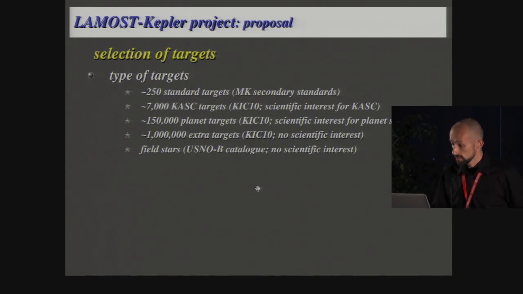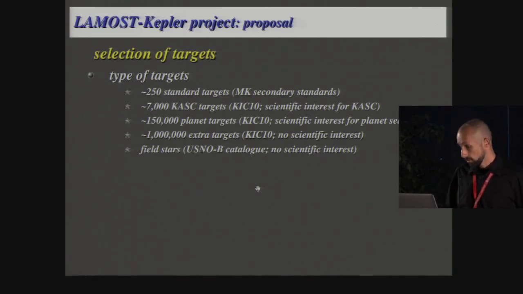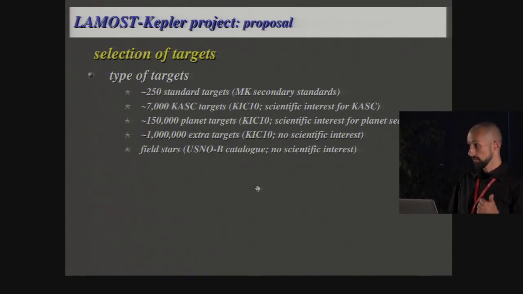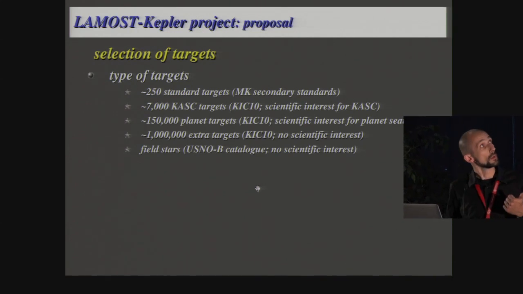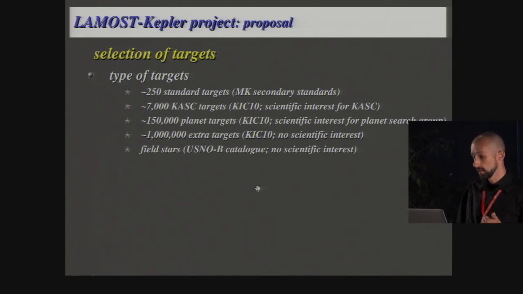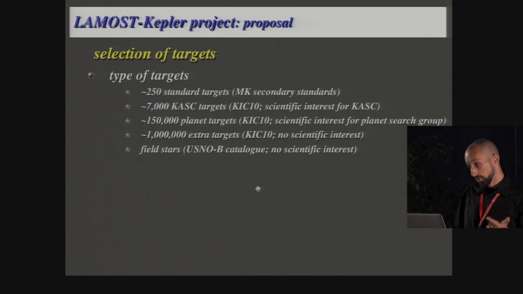So we made a large target list, which is prioritized. What type of targets do we want to observe? First of all, we need some standard targets to be able to do calibrations. This project originates from within the KASC, so we gave the highest priority to KASC targets, and in the beginning of our project, these were about 7,000.